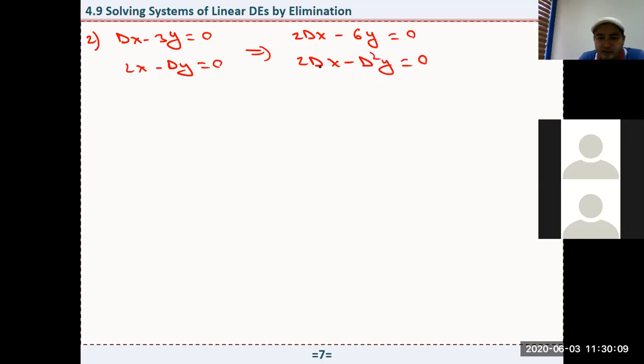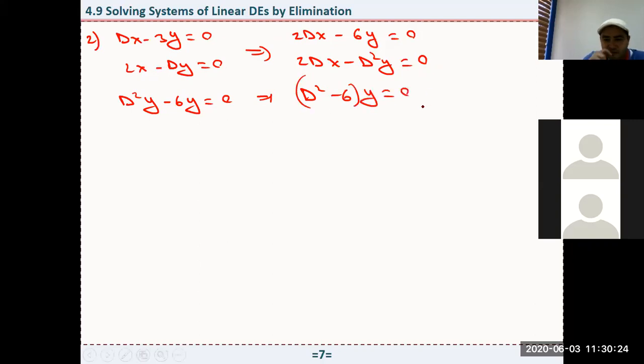Right? And subtract the second equation from the first one. We have d squared y minus 6y is equal to 0, or d squared minus 6 times y is equal to 0. That is exactly the same, right? Similar, just only y is different, because here also m equals plus minus square root of 6.